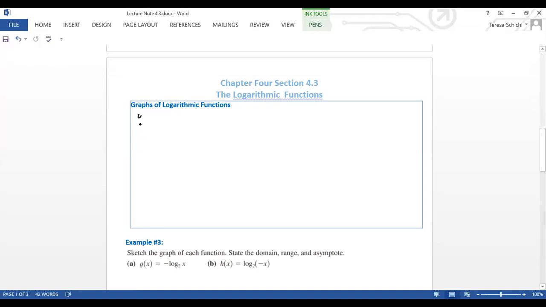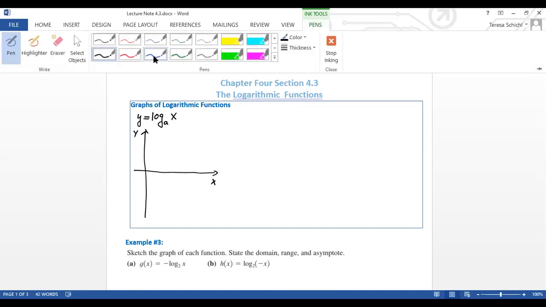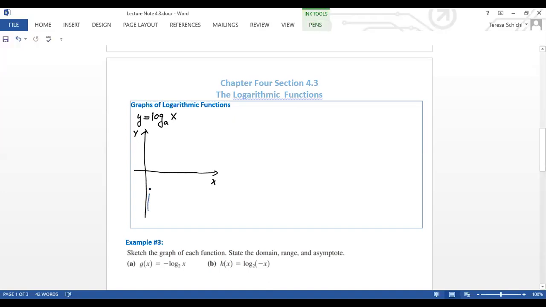So let's say I have y equal to log base a of x. What does the logarithm function look like? So this is x and this is y, right? The logarithm is this type of function. So when you plot it, it's going to go like this.